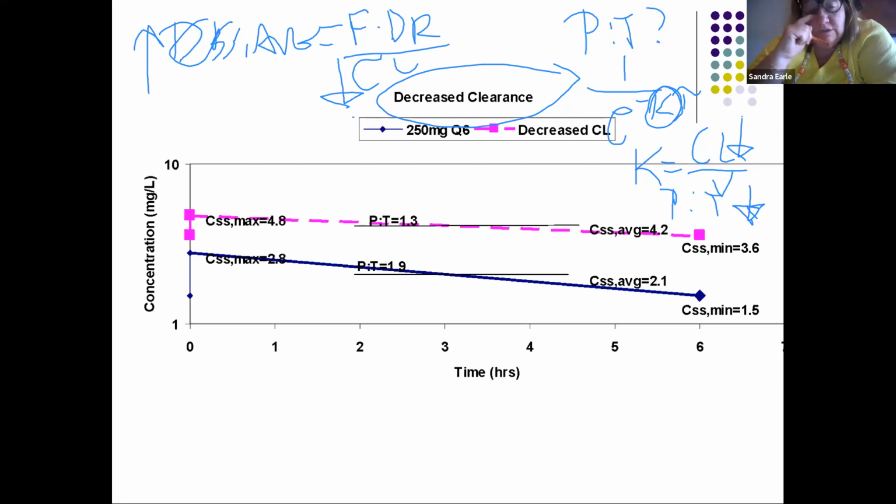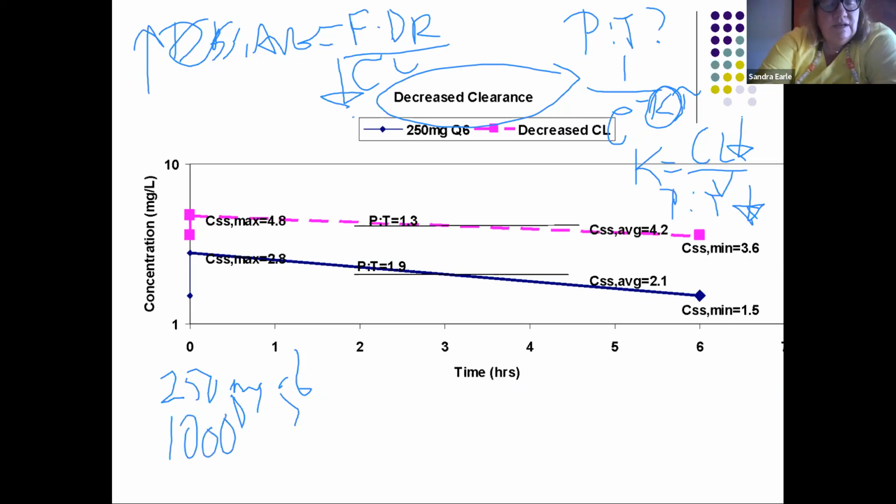So if we look at these graphs, our blue one is our initial dosing regimen, which is 250 milligrams Q6. So 250 milligrams Q6 is 1,000 milligrams per day as our dose rate, and our dose interval is every 6 hours.